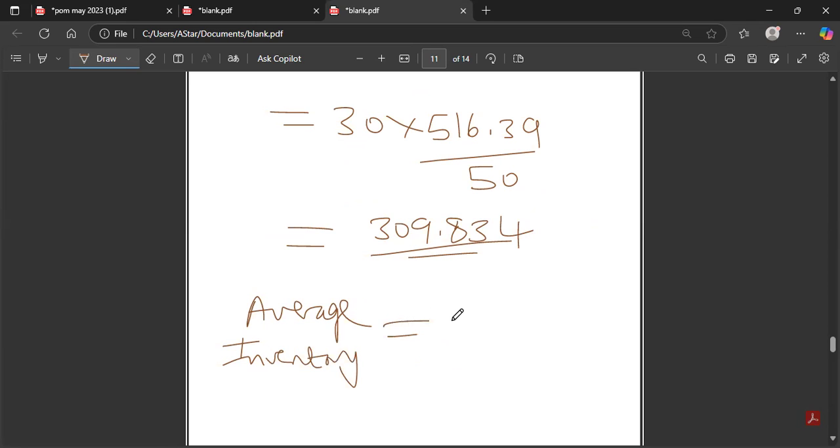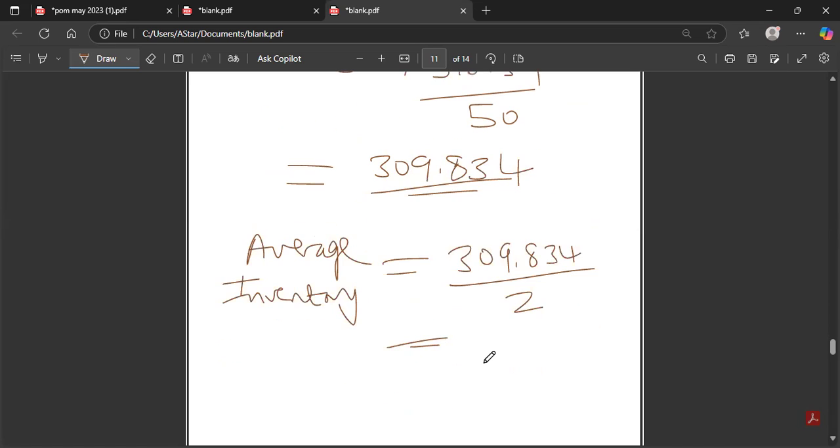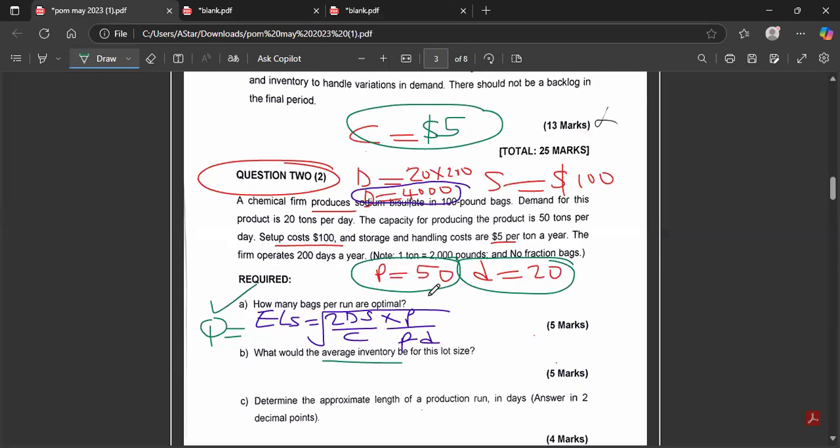Madam Malulu, are you there? I'm following, sir. So divide by 2. So it's 154.917. So make sure you get the first answer correct.